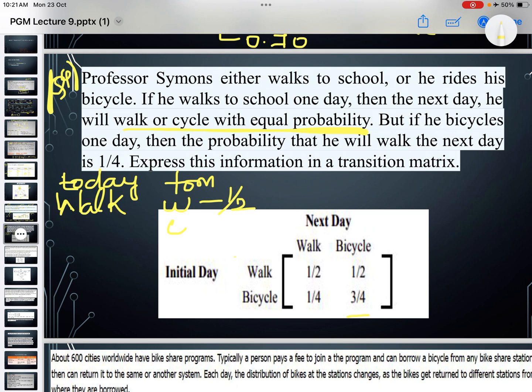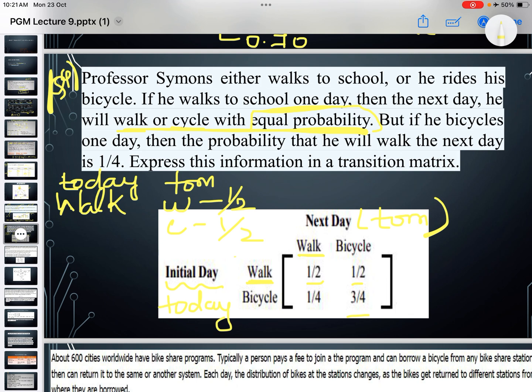Walk percentage is also half, cycle is also half. So today you are walking. Initial day is today, next day is tomorrow. Today you are walking, tomorrow you will walk or cycle with equal probability, means it is 1/2, 1/2.